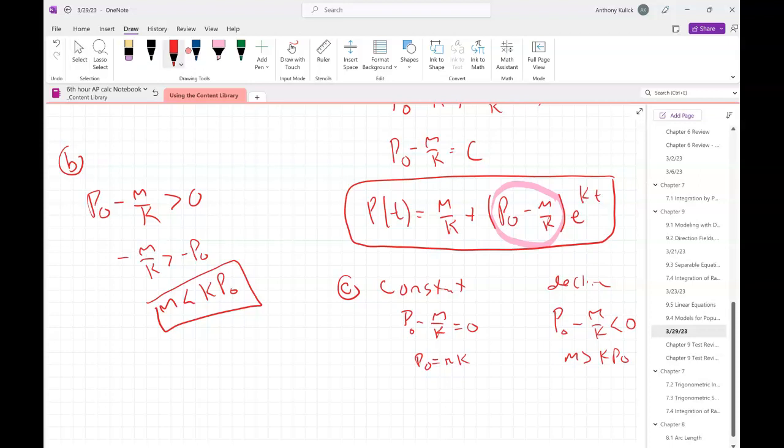Well, here's what you want to think about. This is a rate of population times a population, right?